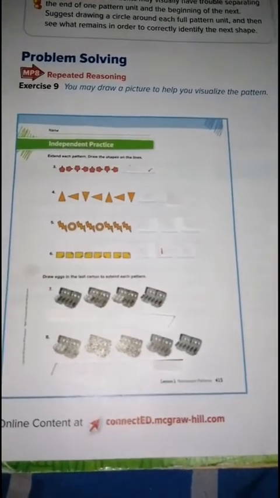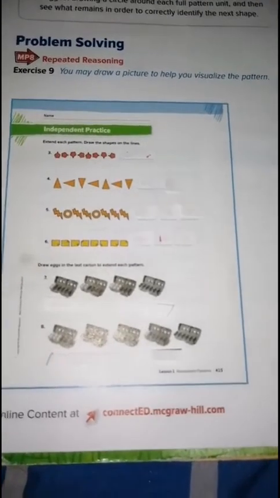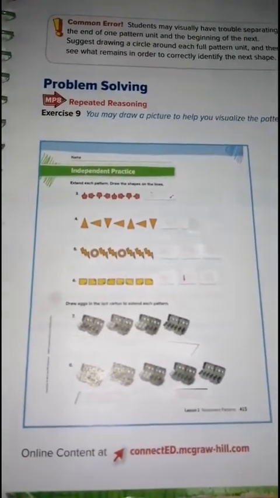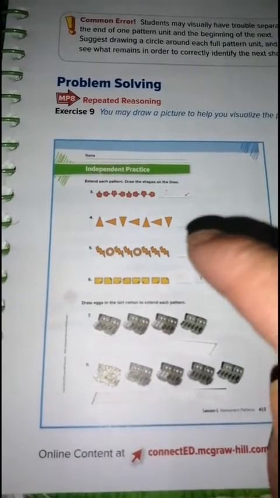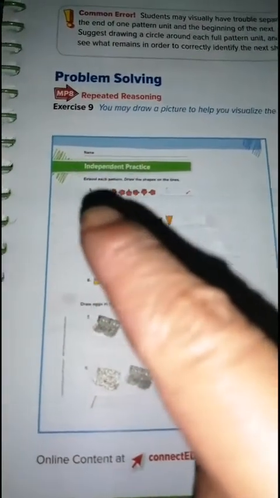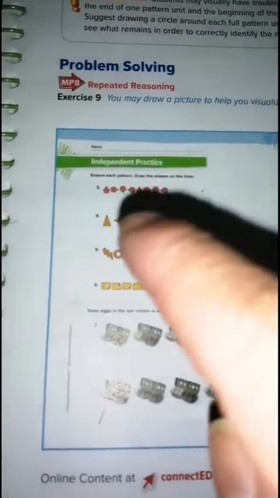Okay, now open your math book in page 415. So, independence practice. Extend each pattern. Draw the shapes on the lines. You have to complete the non-numeric patterns 3, 4, 5, and 6.